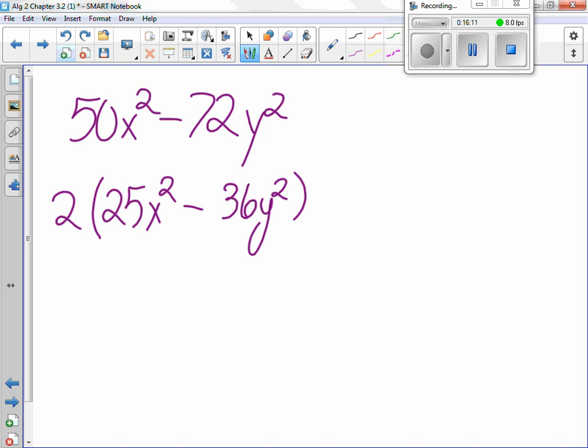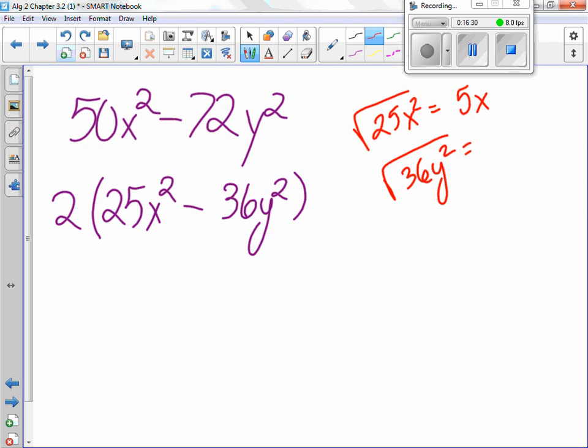Sometimes there's a greatest common factor between them that we need to factor out. Because now if we check it again, 25x squared, if we take the square root of it, we get 5x. And 36y squared gives 6y. So it works. Because of that greatest common factor of 2, that's what messed it up.